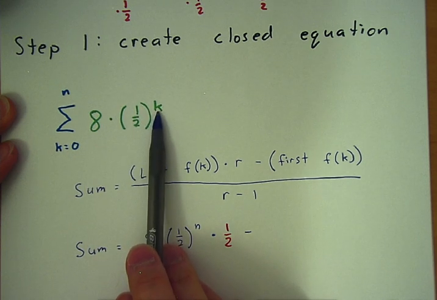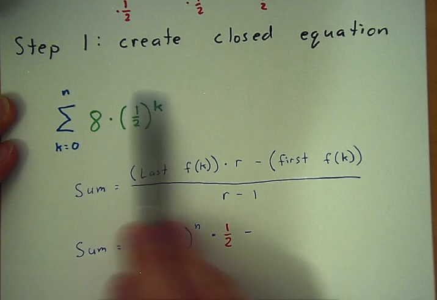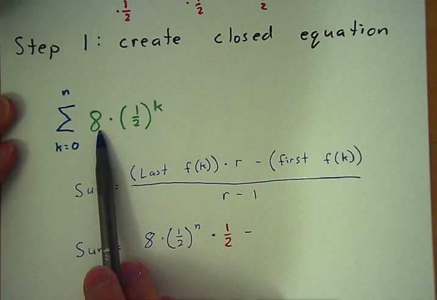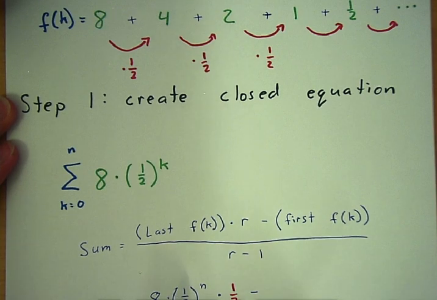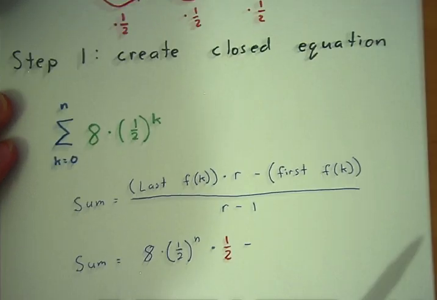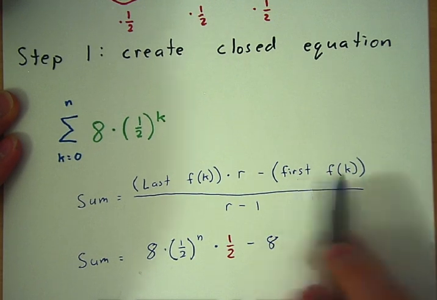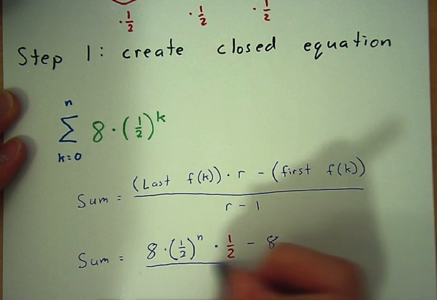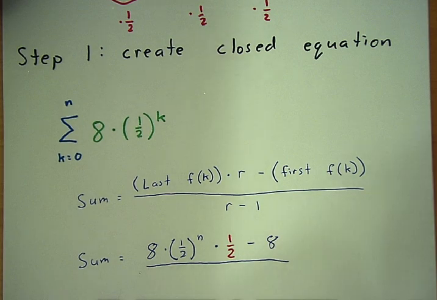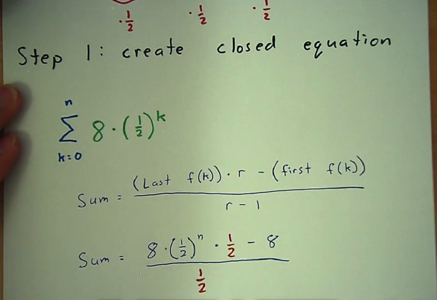Well, 1/2 to exponent 0 is just 1. 1 times 8 is 8. Or you can just look here as the first number in your series. So this is minus 8. That's my first number in the series, divided by r minus 1.